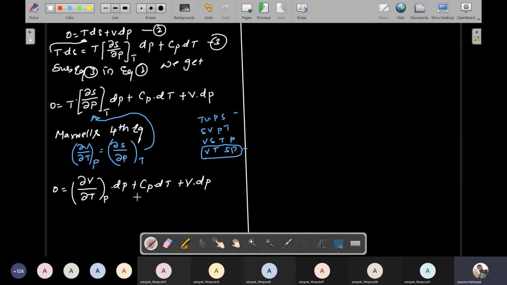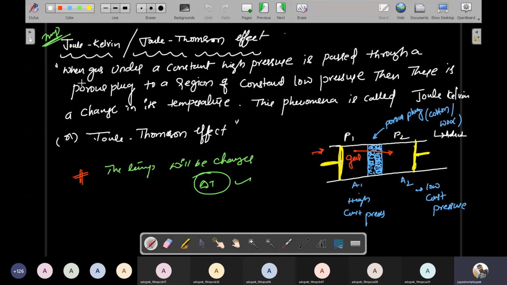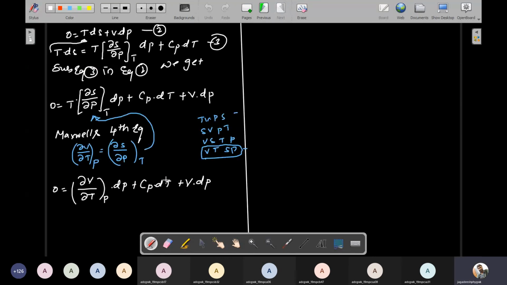So this is your final equation. Now from this equation we are deriving the changing temperature, delta T or dt, whatever it may be. Our aim is to derive the changing temperature, right? This is the changing temperature notation.